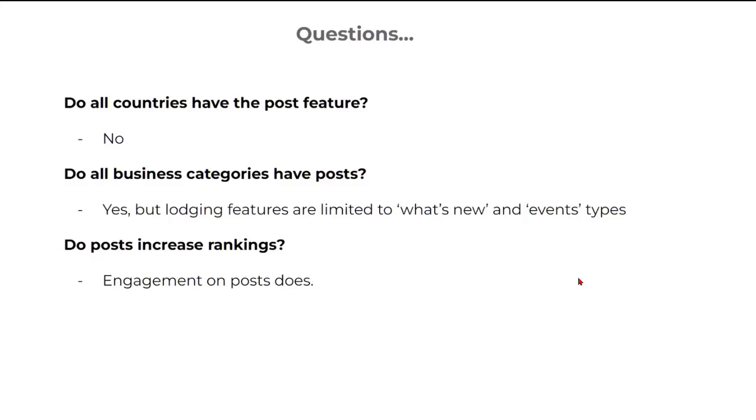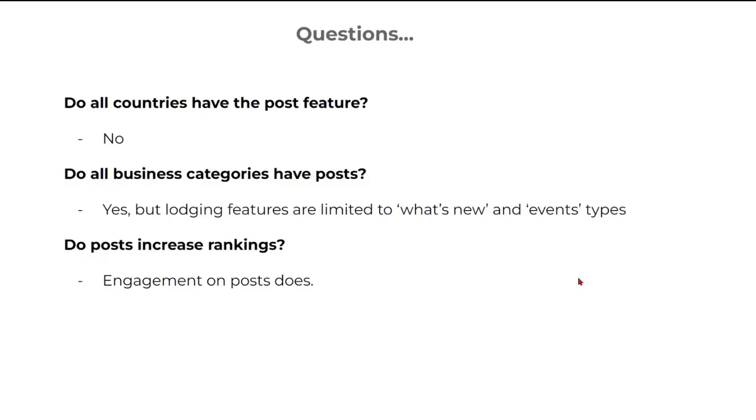And that, again, is compared to your competitors. If you're getting more engagement on your posts compared to the ones in your area, that's going to help you get boosted up. So it's not the quantity, it's the quality, because the quality creates engagement.